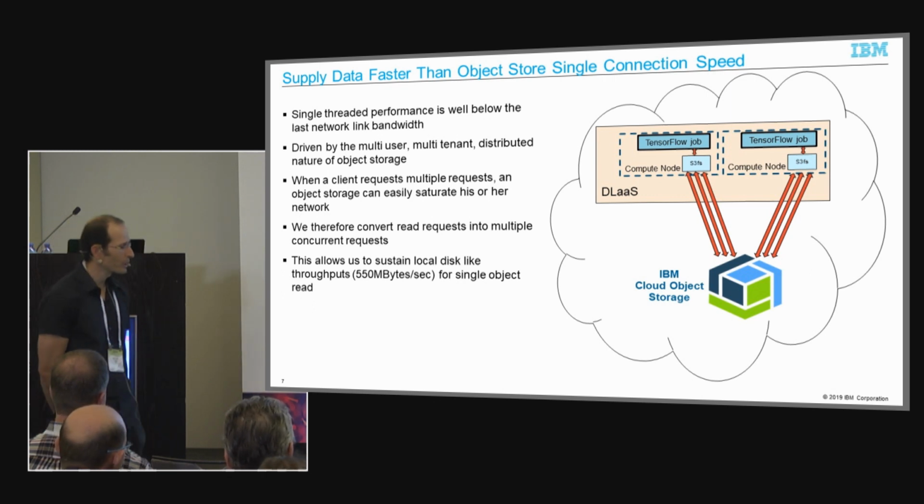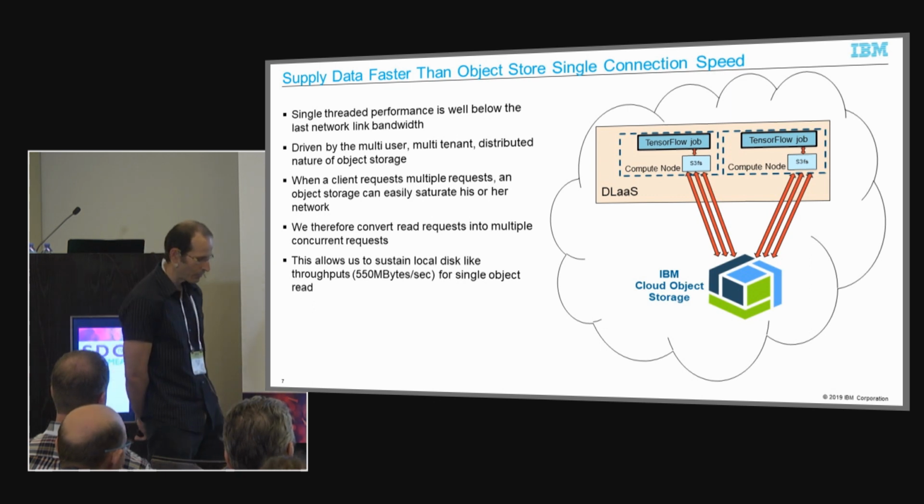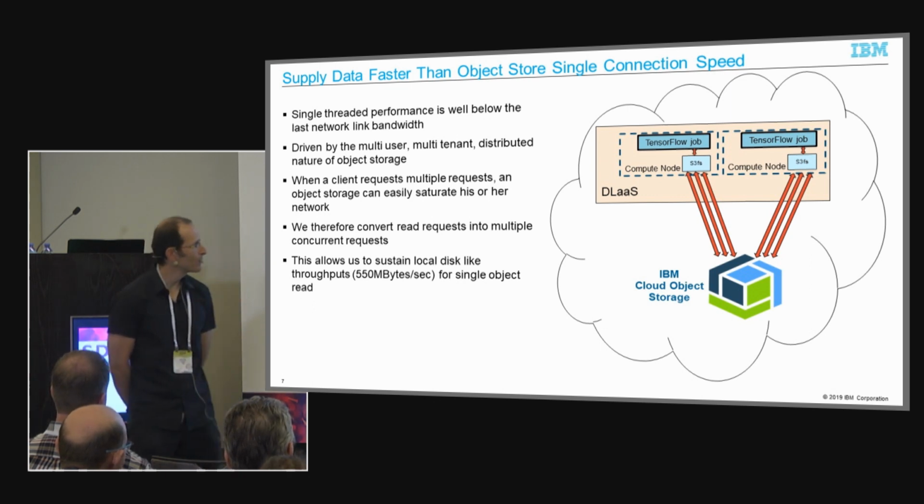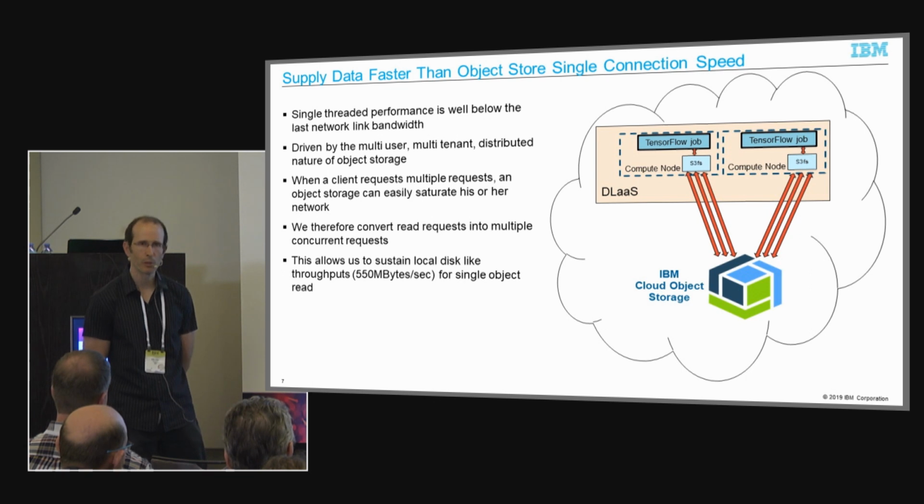We made some changes to S3FS so that when it receives a read request for a file in POSIX, we go to the object storage and issue multiple get object requests, where the get requests are done in ranges of the object.